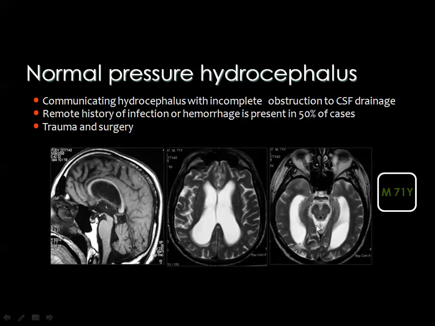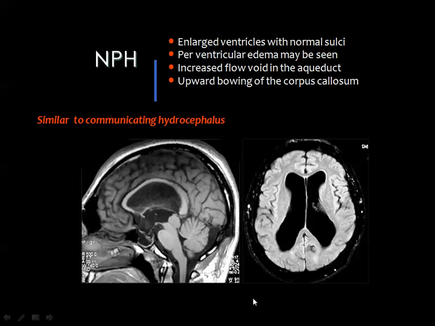On the T2 weighted image, the aqueduct should show high signal because of its CSF content. But if the flow of the CSF is high, then you get what is known as signal void, and the aqueduct will appear black, as you can see here, due to the CSF flow void.